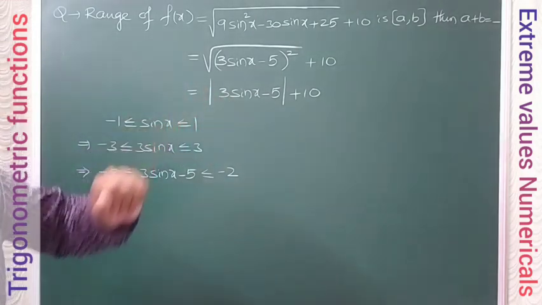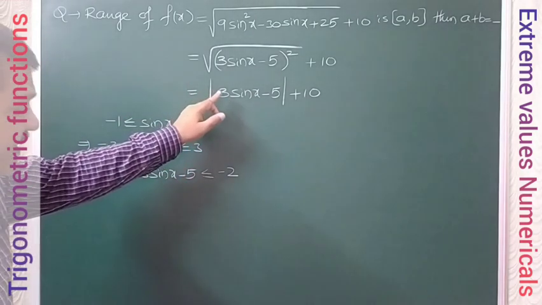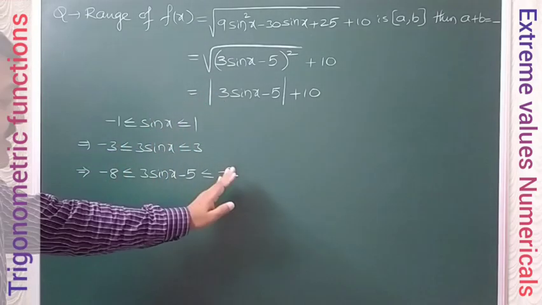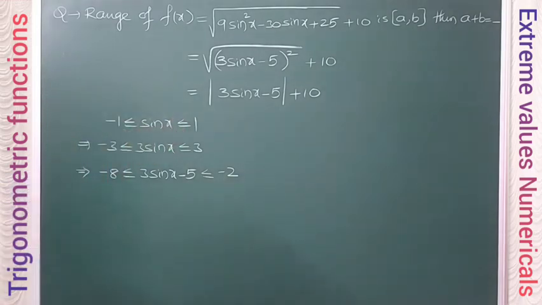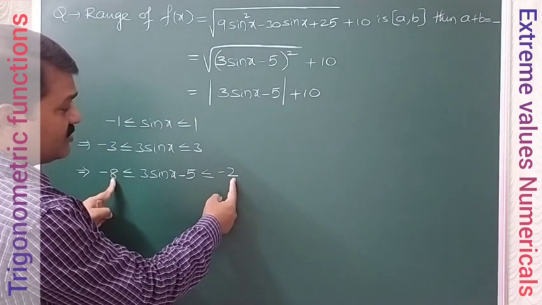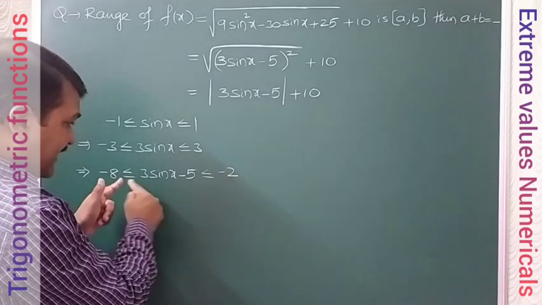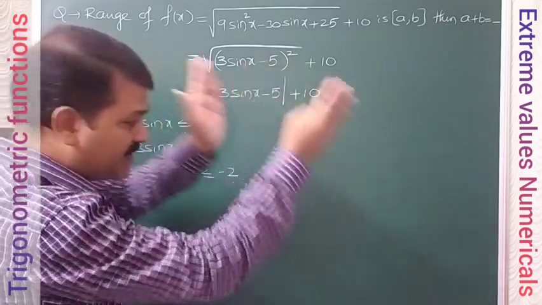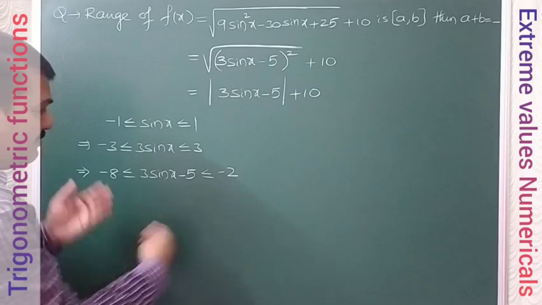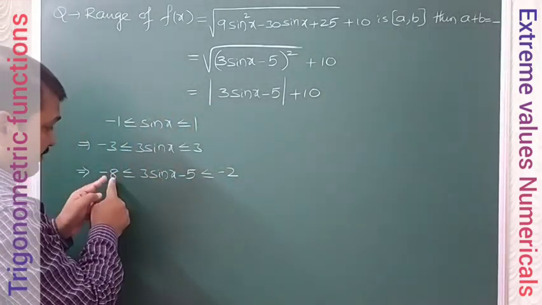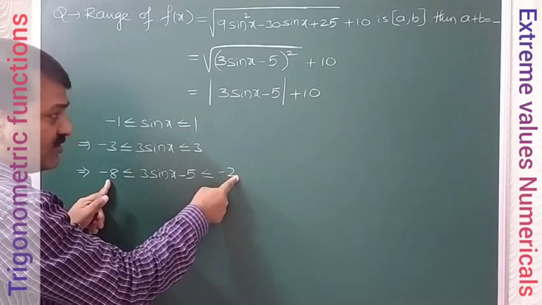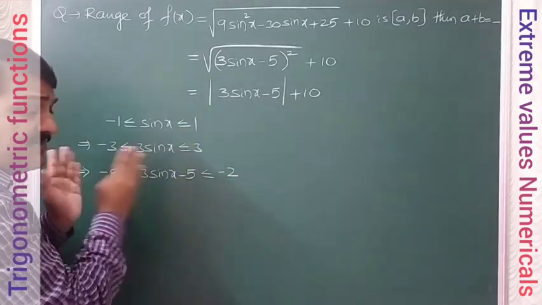When I take modulus, the negative values automatically shift to the positive side of the number line. This is minus 8 to minus 2, no? So if you take modulus, these negative numbers will shift to the positive side of the number line. That means these negative values will become positive. So between minus 8 and minus 2, when you take modulus, that becomes between 8 and 2.